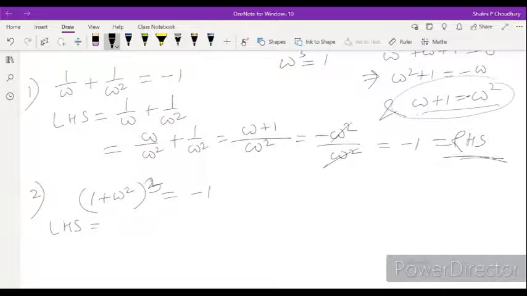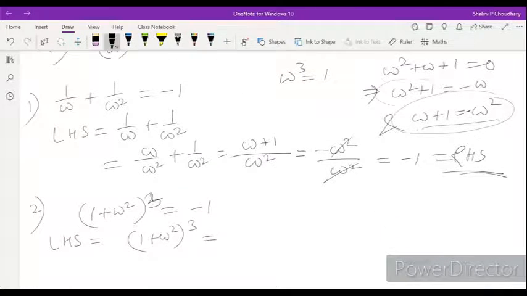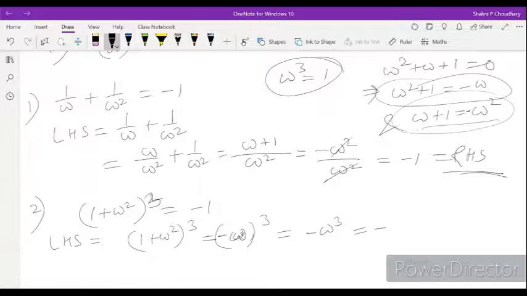LHS is equal to 1 plus omega square whole cube. As we know, the value of 1 plus omega square is minus omega. So this will be equal to minus omega whole cube, which is minus omega cube. As we know that omega cube is equal to 1, it will be -1, which is equal to the RHS. Hence proved.